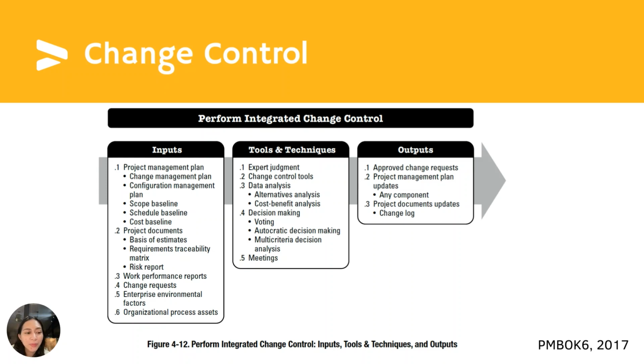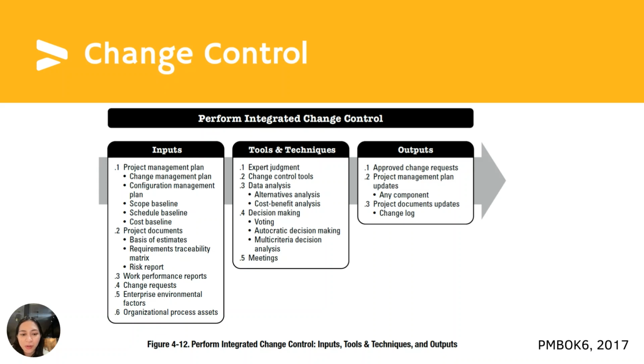So many processes produce change requests as the output, but these changes, again, may or may not directly affect your baselines. Sometimes the performance against the baselines is affected. So it may have an impact on the baselines.